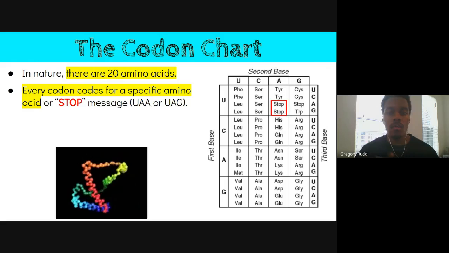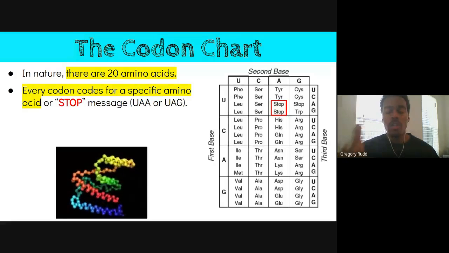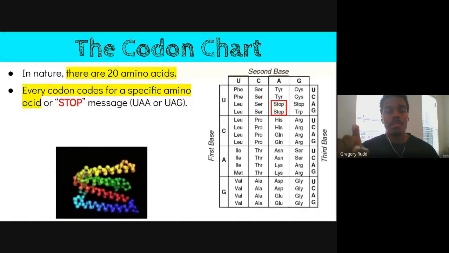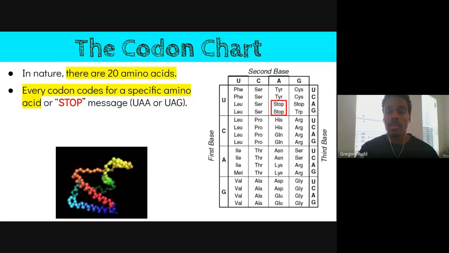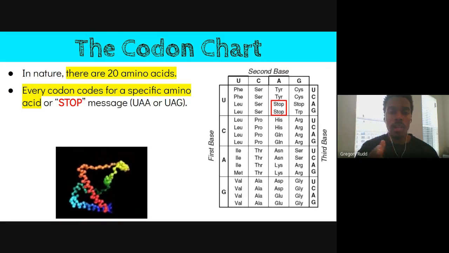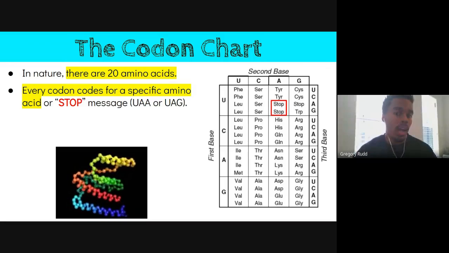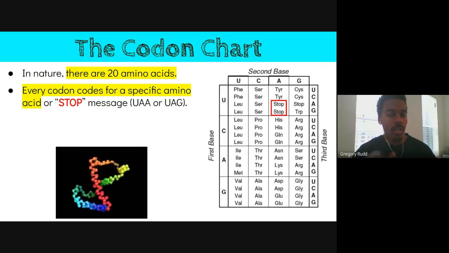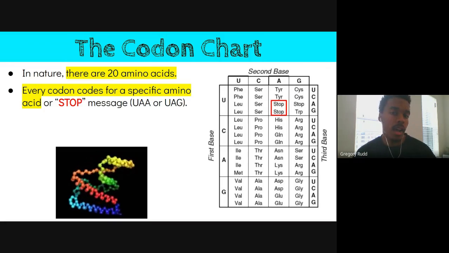Every codon codes for a specific amino acid. We use these codon charts to help us determine what amino acid we're going to get from what codon. So if I give you a codon, you should be able to use this chart to tell me which amino acid that codon codes for.